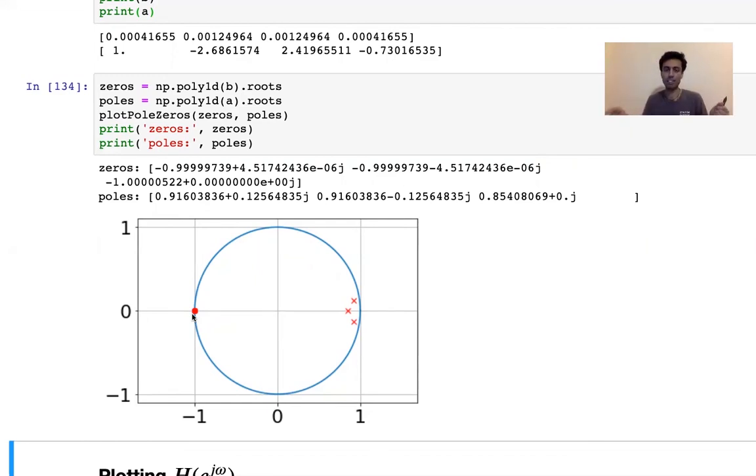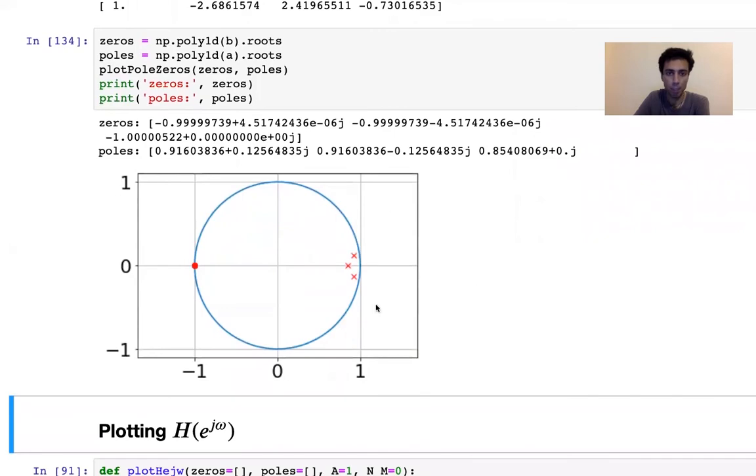So obviously it's a low pass filter. You have read it in theory, and now here it is. Okay, now can I plot the corresponding H of e to the power j omega, the magnitude plot and the phase plot?